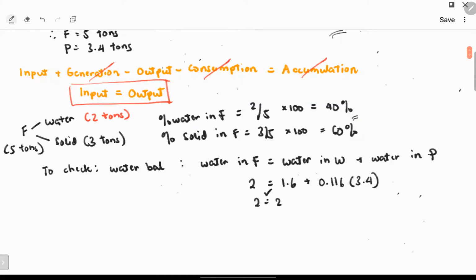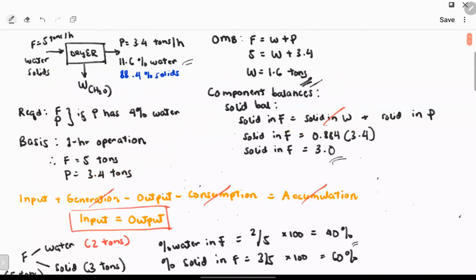Now, what we have done so far is, number one, to perform the overall material balance.